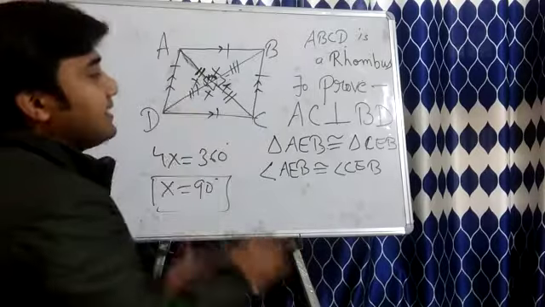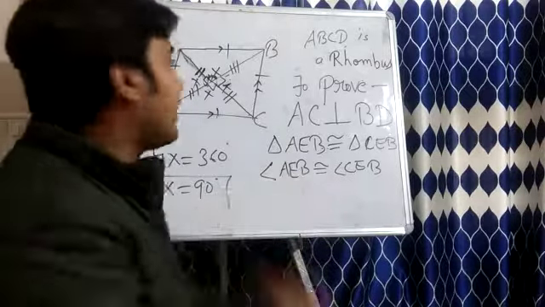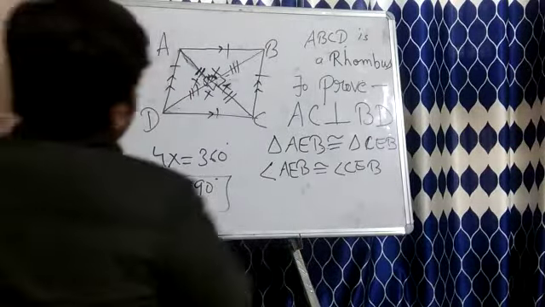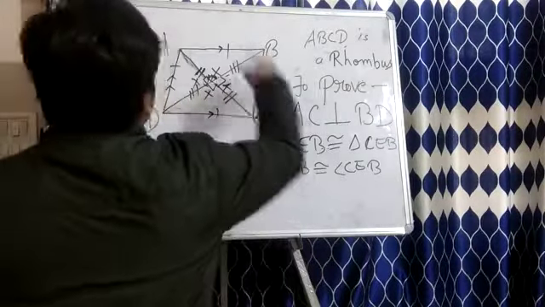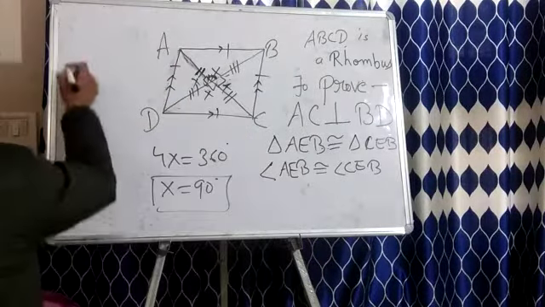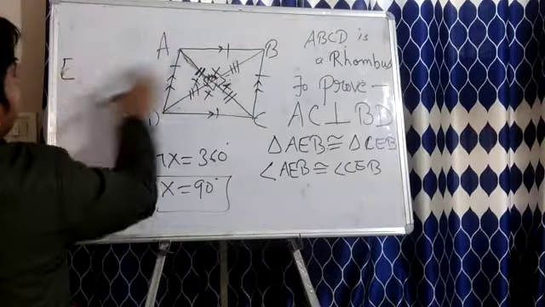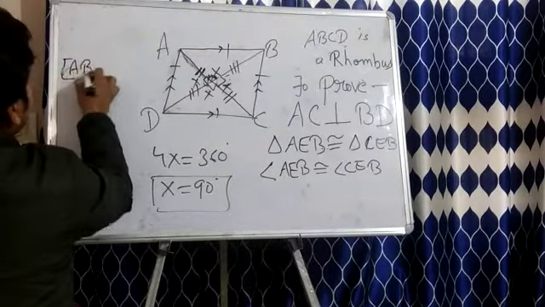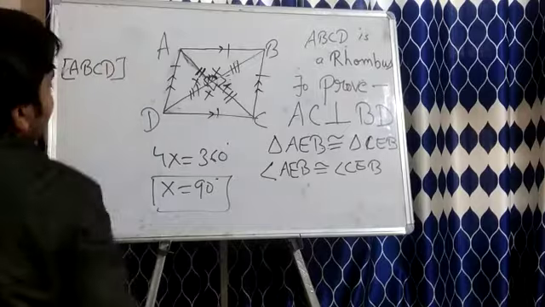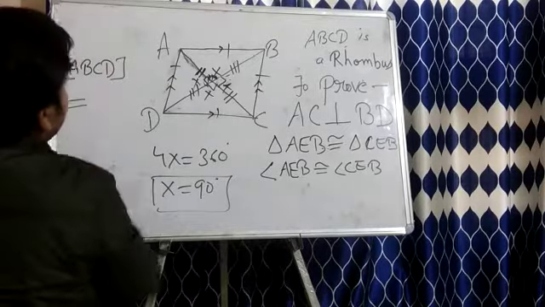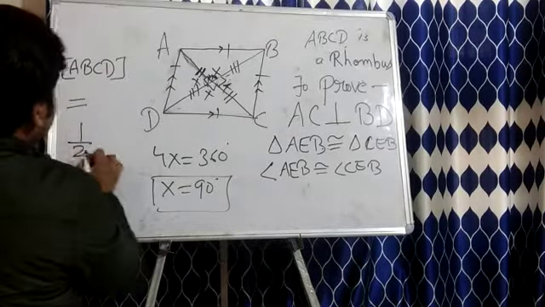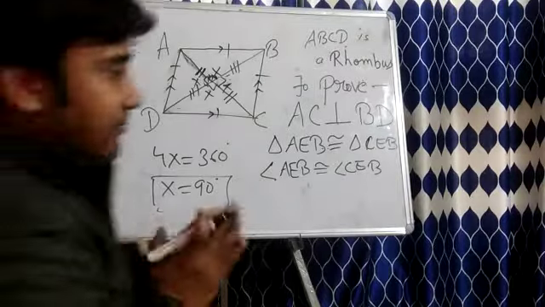So now let's find out the area of this rhombus. Let's find out the area of the rhombus ABCD. We know the area of a triangle is half base into height, and there are basically two triangles, triangle ABC and triangle ADC.